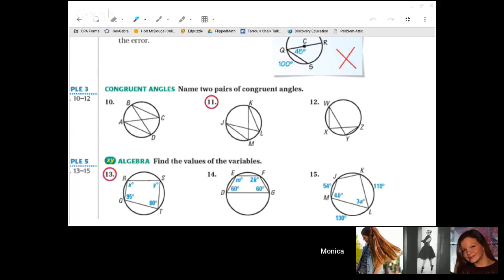Okay, Campbell, so you don't need 11 on the bookwork? Okay, so 11 on the bookwork.